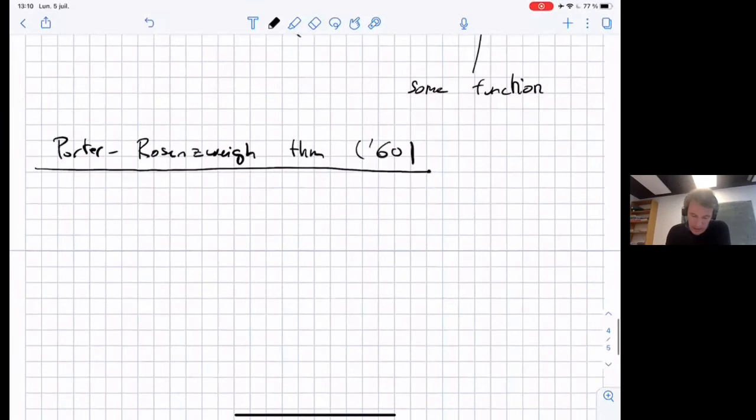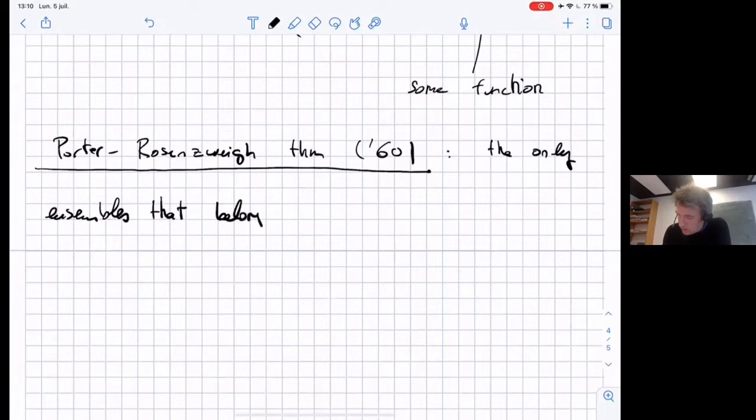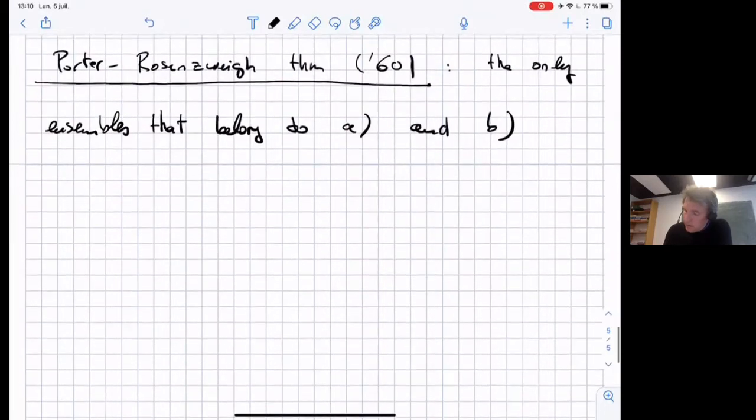Basically, it says the following: the only ensembles, or the only matrices if you want, that belong to A, that means Wigner, and B, are of a simple form, the Gaussian ensembles.